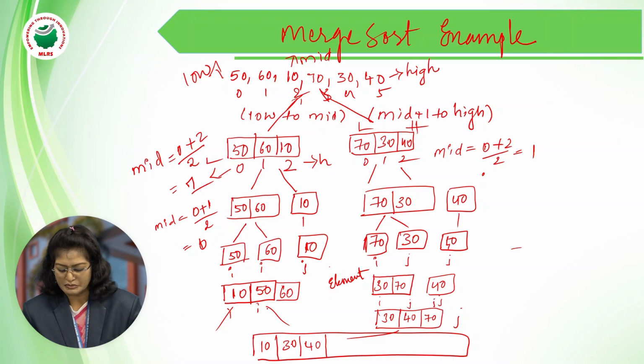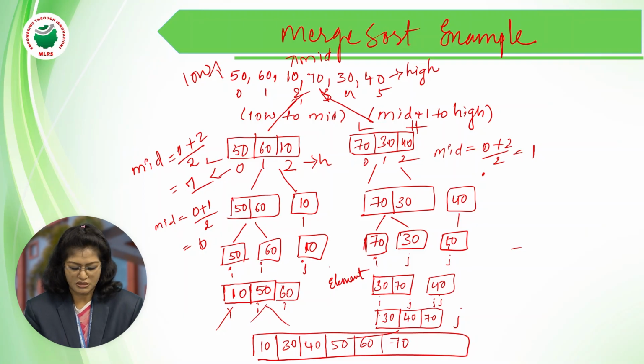So the 50 is compared with 70, so the 50 is going to be taken here, and next we are moving on to comparison with 60, and this will be incremented now, and 60 is compared with 70, so 60 is less, and this is the process. So 10, 20, 30, 40, 50, 60.